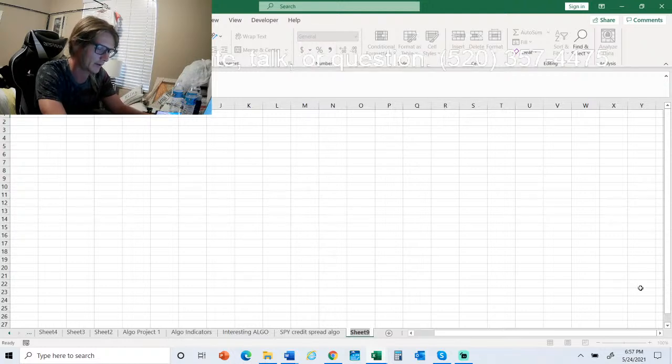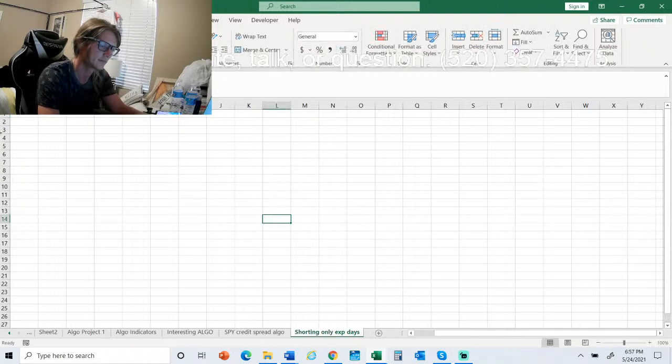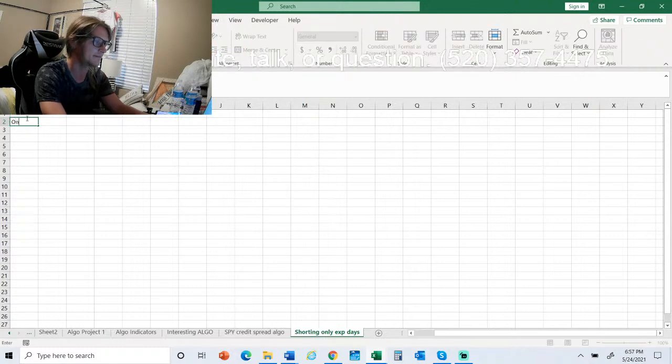But basically, we're going to call this the shorting only expiration days. And basically, on any symbol, on any expiration day, you can sell.